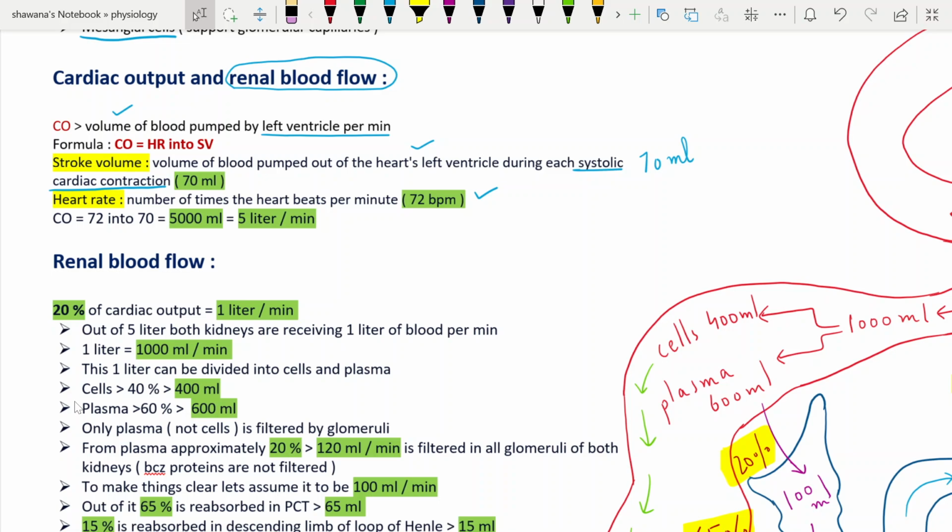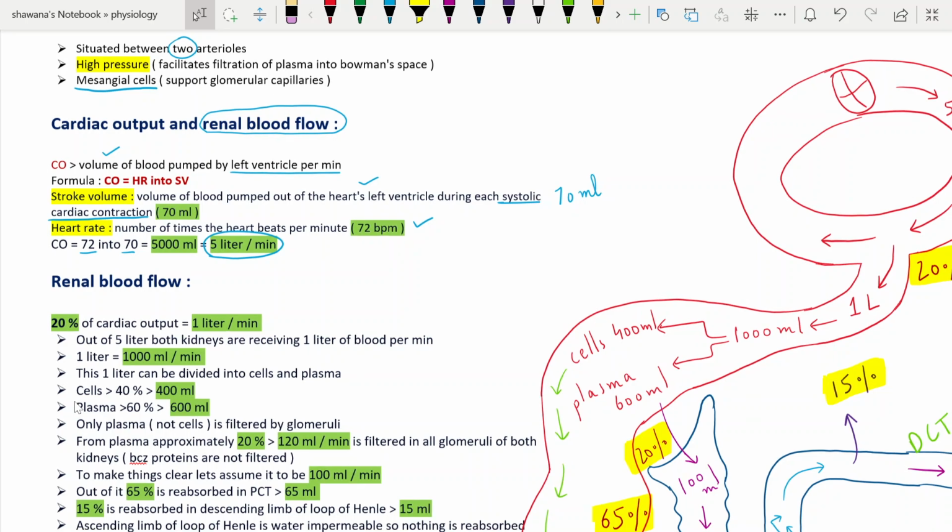So the formula was heart rate 72 into stroke volume 70. It becomes approximately 5000 ml. The units are ml, and ml can be converted into liters: 5 liters per minute. So the cardiac output of the heart is 5 liters per minute, and in each minute the heart is supplying the body 5 liters of blood.